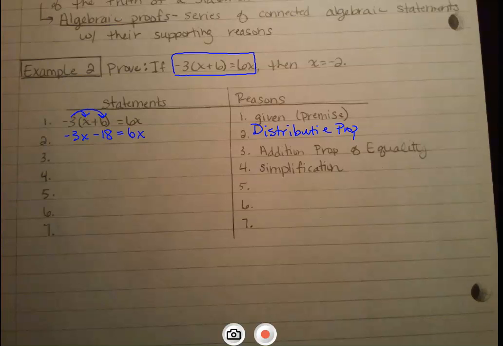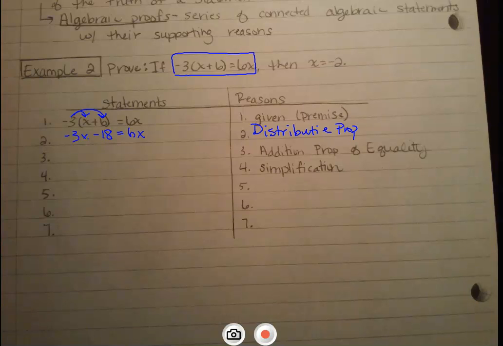I will abbreviate these most often, but I didn't. All right, next, I actually gave you the reason. We're kind of filling in the blank here. It says addition property of equality. Well, we have the 6x over here, so let's add 3x to both sides.